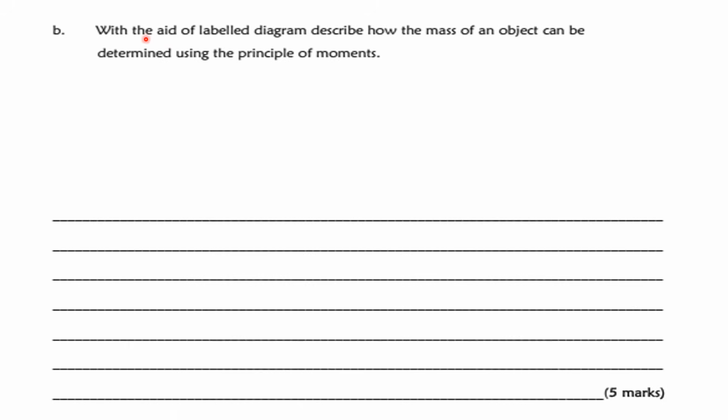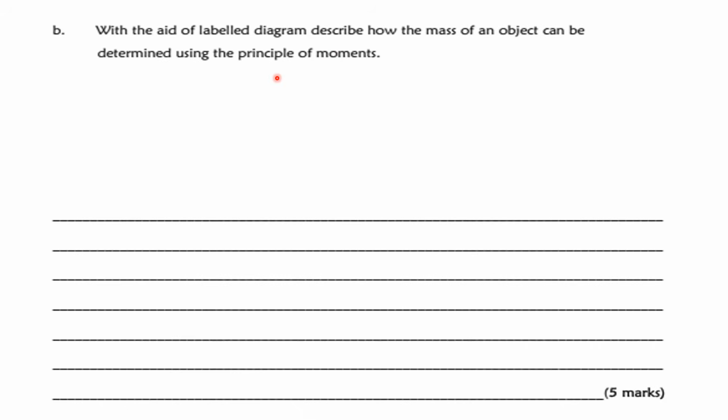With the aid of a well-labeled diagram, describe how the mass of an object can be determined using the principle of moments. First of all, you should remember the principle of moments. What does the principle of moments state?